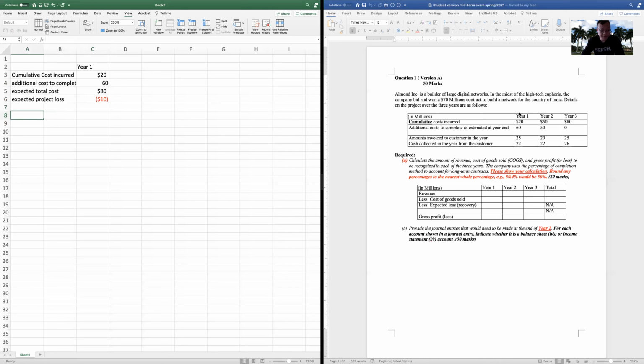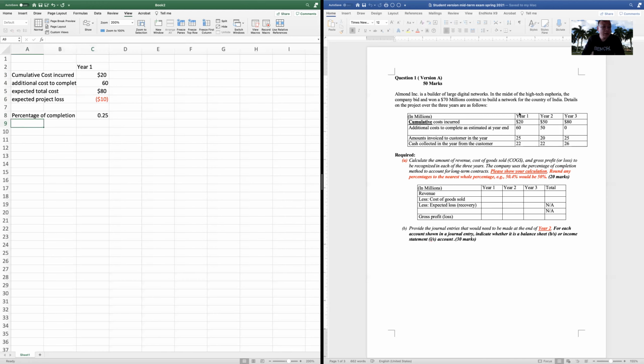Now, the percentage of completion is the cumulative cost, which is C3, divided by the total expected cost, C5. That's 25%. I think many of you have this number correct.